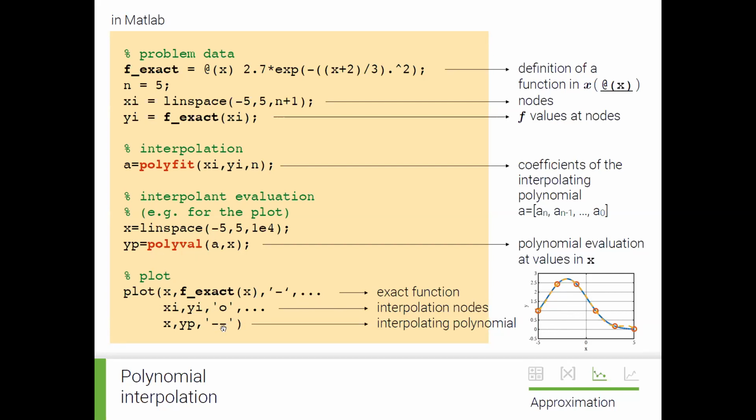This is the interpolating polynomial, this one is the interpolating nodes, and this is the exact function. We have in one plot 3 graphs: the graph of the exact function, the graph of the interpolating nodes, and the graph of the interpolating polynomial.